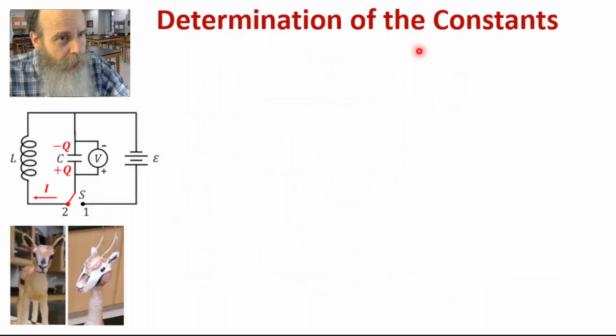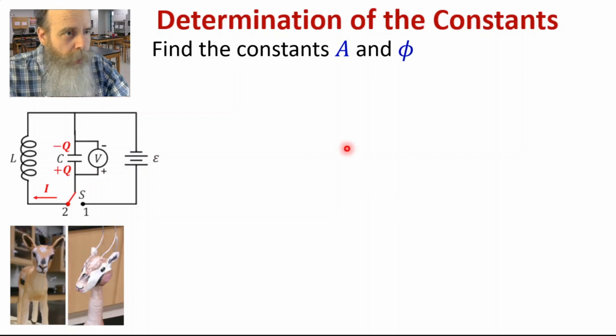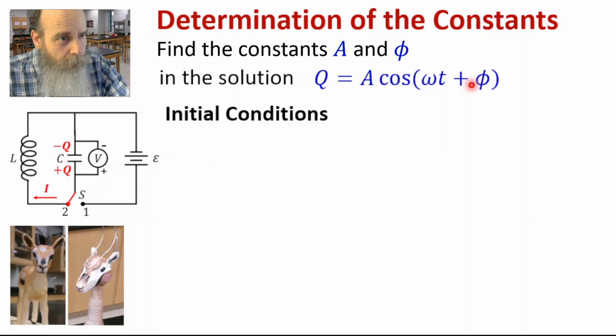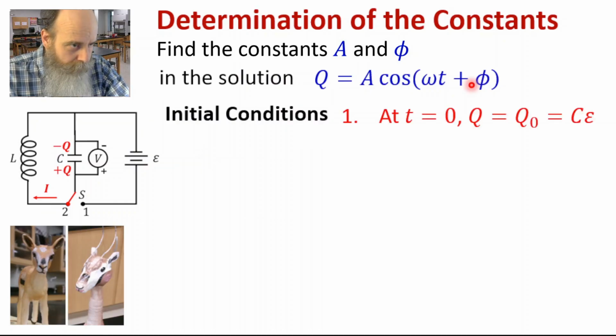The determination of the constants. We have two constants in our solution, A and phi. So Q equals A cos(omega t plus phi). We need to find those two constants. How do we do it? We need two conditions to get those two constants. These are called initial conditions.